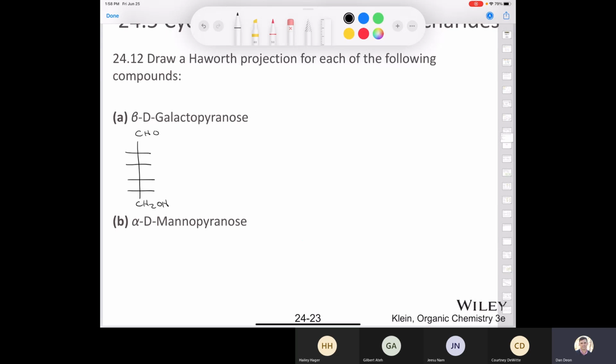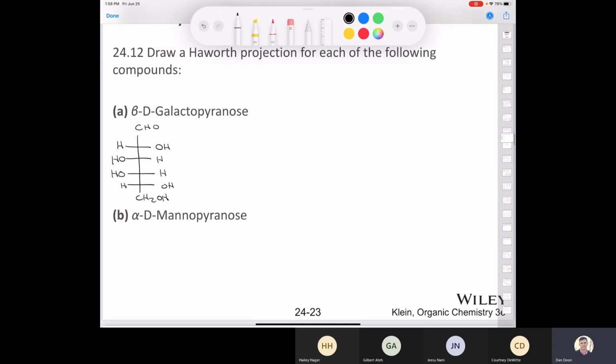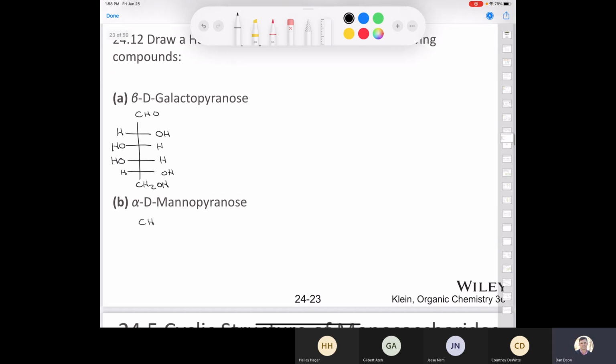So galactose is this, where we have a hydroxyl. There we go. And then I'm going to draw a mannose down here for anybody who wants to go ahead a little bit. And again, you could look at the family of aldoses that's earlier in the slides. There we go.